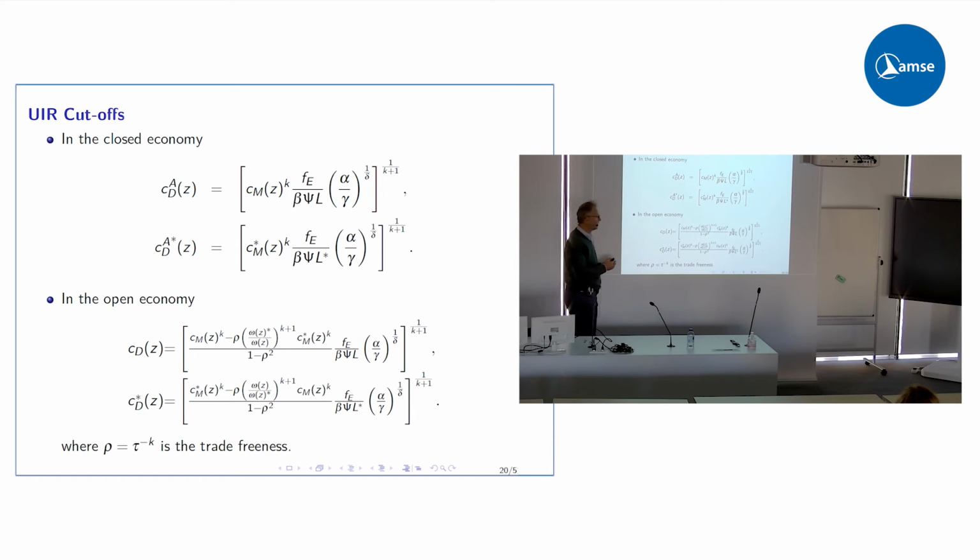If you want to back out the CM relative to CM star, which are these Ricardian numbers, then you have to net out of what you see in the data the relative factor prices, relative sizes, and the freeness of trade. So this rho is tau to the power of minus k. Tau, we said, is a measure of the frictional iceberg cost. This is the inverse, and so this is a measure of trade freeness. So this is essentially representing the tax.